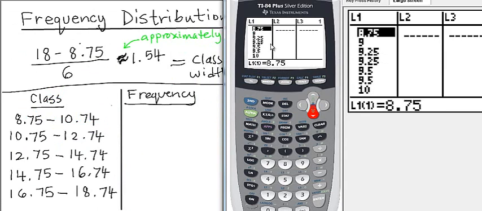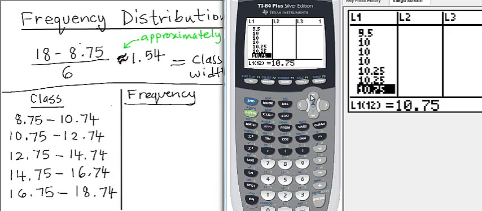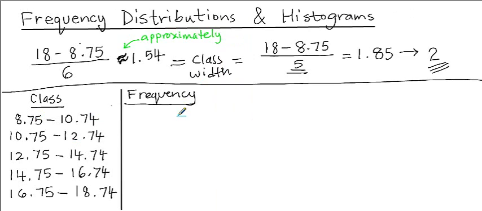So how many do I have? 1, 2, 3, 4, 5, 6, 7, 8, 9, 10, 11. 11, right? And this 10.75 doesn't go in this set. It will go into the next class. It does not go into the first class, okay? So I have 11 pieces of data there.